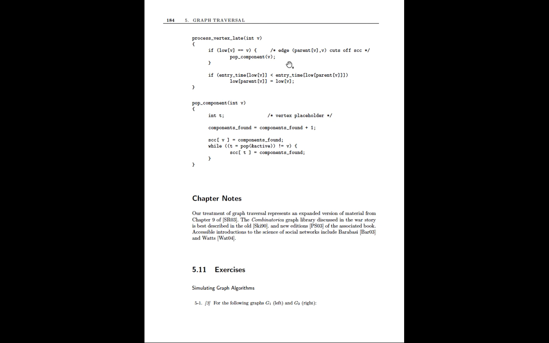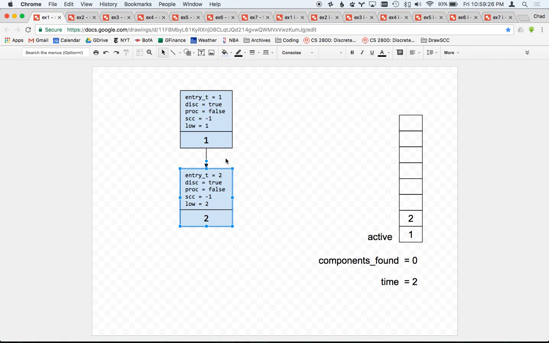Here, process vertex late. Before we can leave the vertex and move back to the vertex we were processing before, its parent. So in order to process the vertex late, we first check to see whether low of the vertex is equal to the vertex number itself. Now the low of a vertex is the earliest vertex in the graph to which there is an edge from this current vertex.